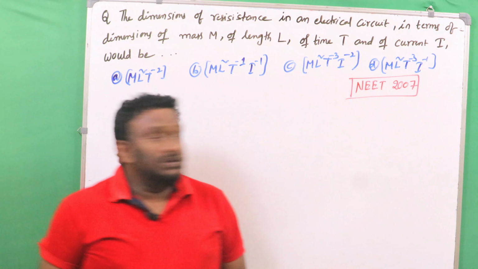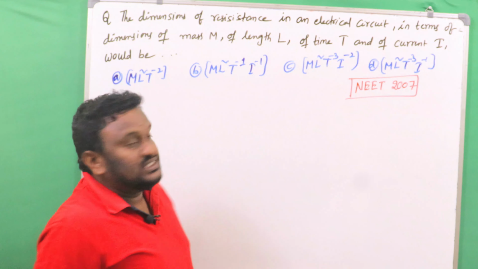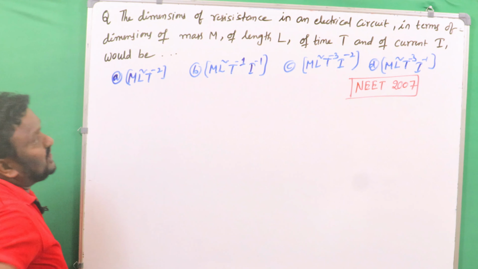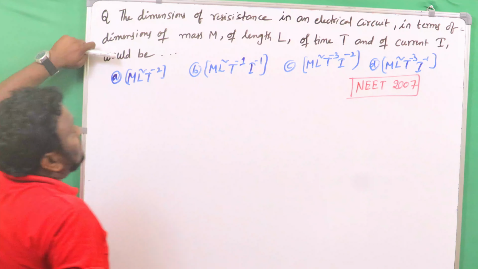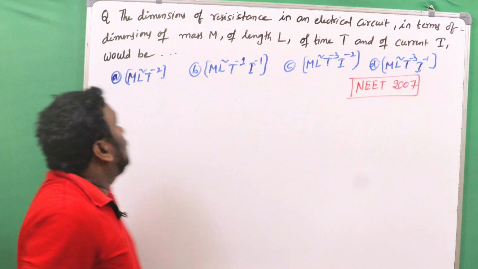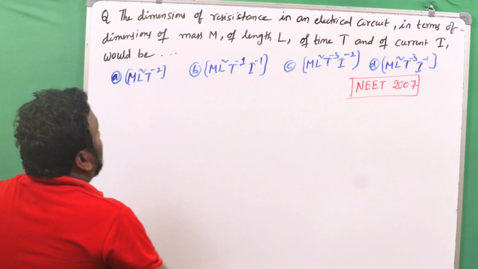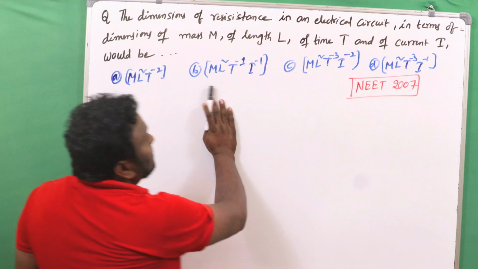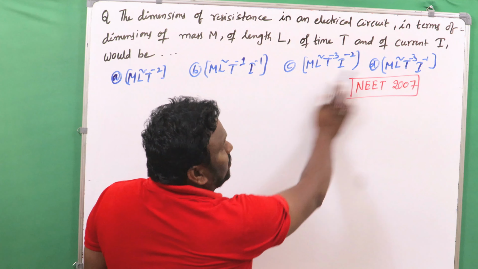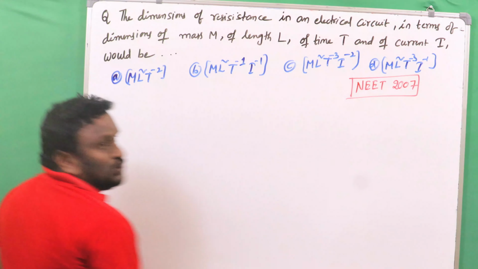See the next question. It was given in NEET 2007. The dimensions of resistance in an electrical circuit in terms of dimensions of mass M, length L, time T and current I would be. Options are given: ML square T inverse 2, ML square T inverse 1 I inverse 1, ML square T inverse 3 I inverse 2, ML square T inverse 3 I inverse 1.